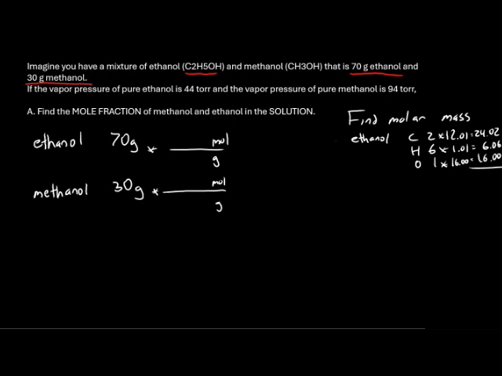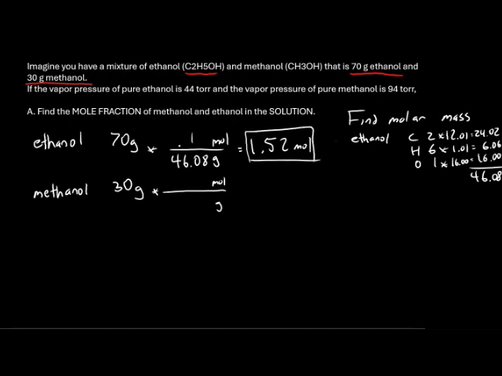Add together all the molar masses to get the total molar mass of ethanol. If you use a calculator, you'll get 46.08 grams per mole. This 46.08 will go next to grams, and we place a 1 next to moles. We now do the operation 70 divided by 46.08, and we'll get 1.52 moles.